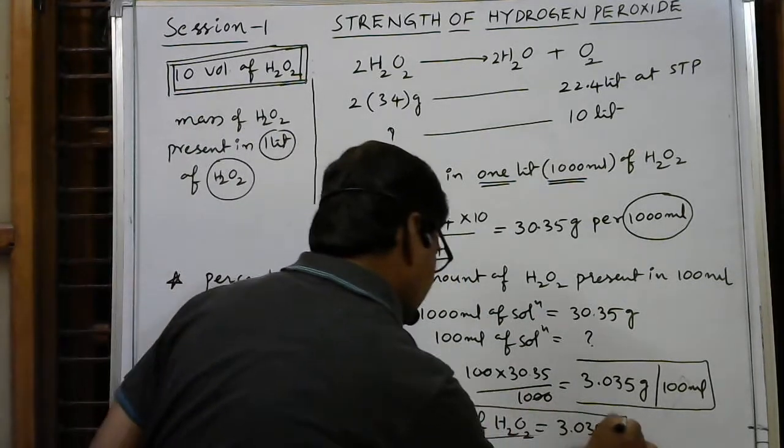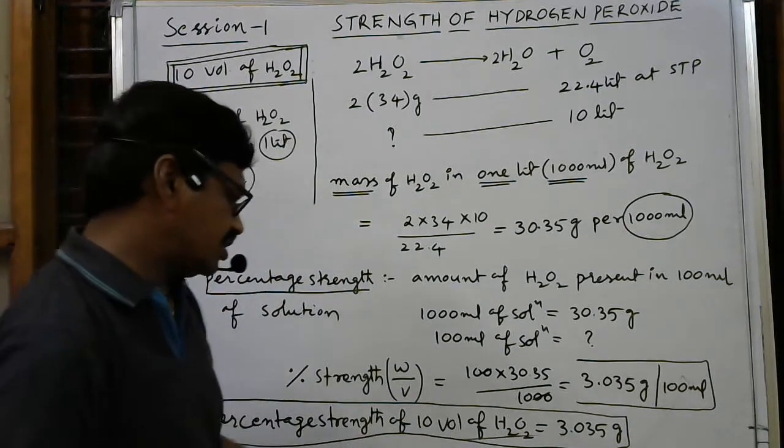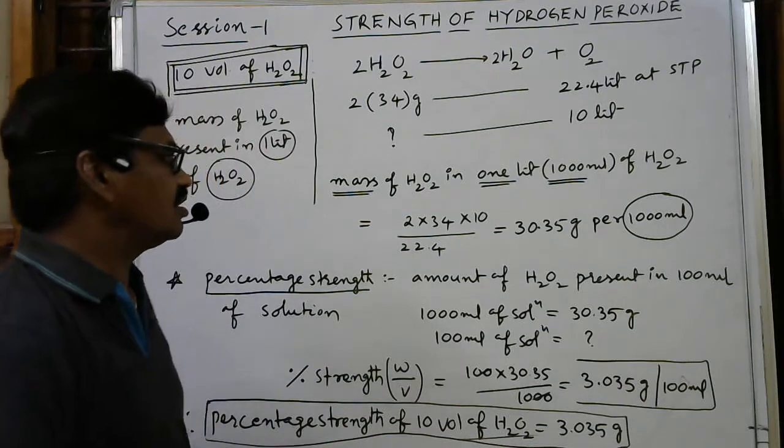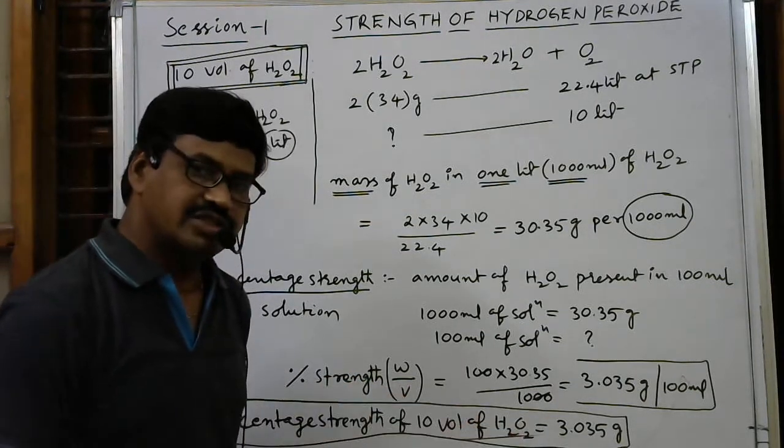This we should know. We can convert it into other terms. For example, for 10 volumes of hydrogen peroxide, the percentage strength is 3.035.